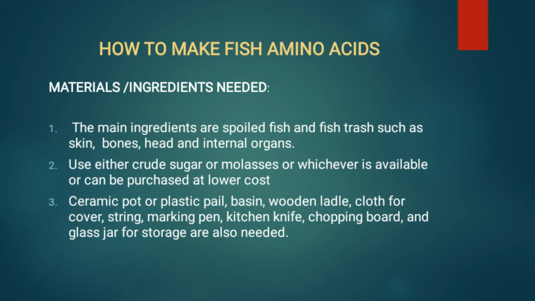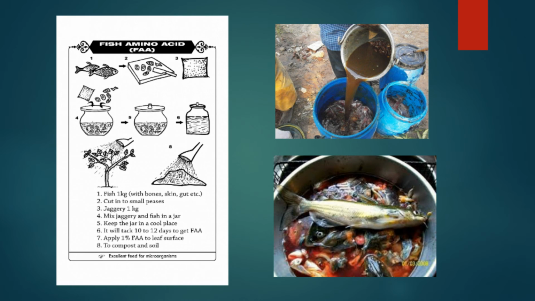Ceramic pot or plastic pail, basin, wooden ladle, cloth for covering, string, marking pen, kitchen knife, chopping board, and glass jar for storage are also needed. This picture shows the main ingredients of fish amino acid.